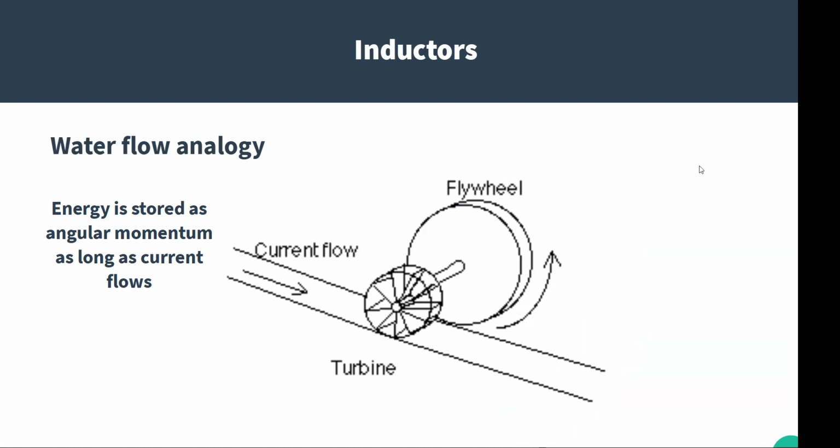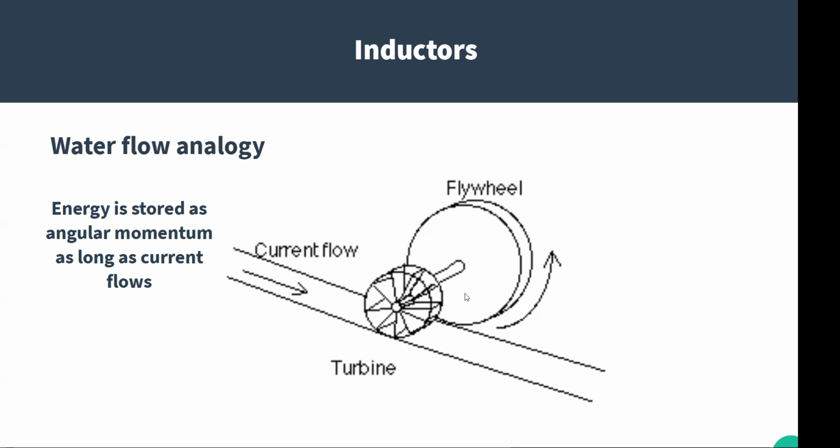The water flow analogy for an inductor is a little turbine wheel and a flywheel, because it's effectively equivalent to inertia. When we first apply some water pressure, it's going to try to turn that turbine, but the flywheel is going to resist.